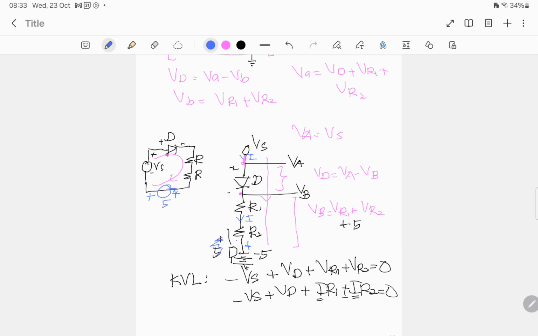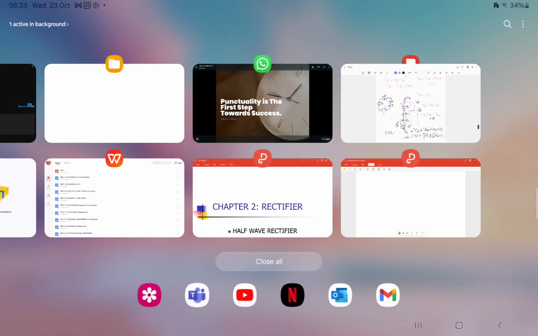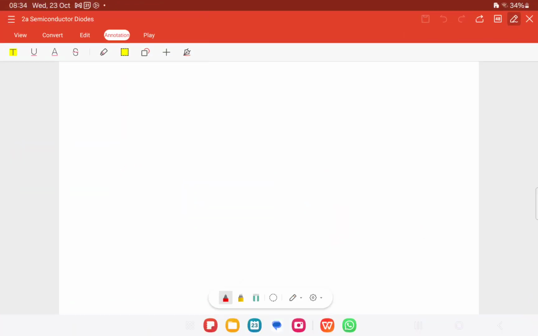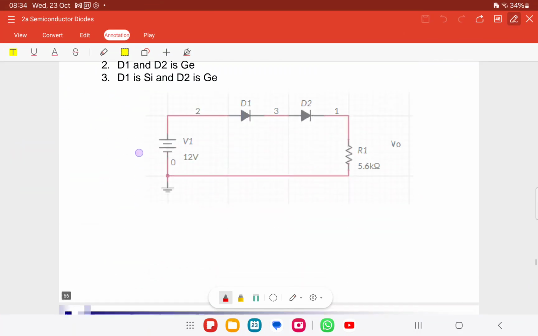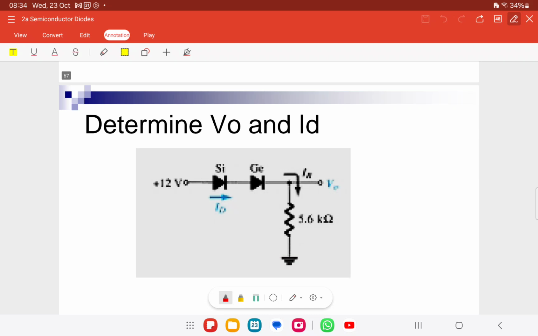Alright, so this is what we have learned in the previous class. Recap. For those who still do not see clearly how to do the KVL, please do some revision, because that will carry your knowledge especially for chapter 3. This one, have we done it? Yes.